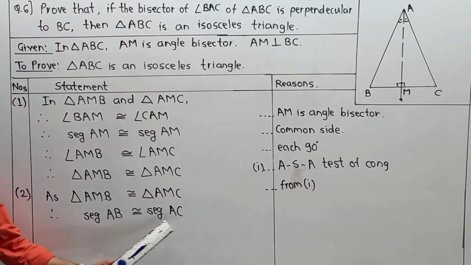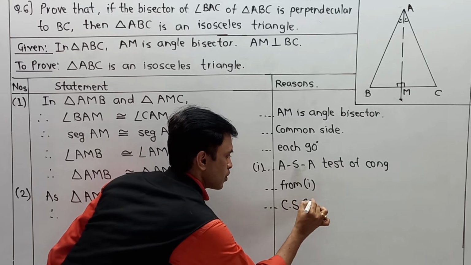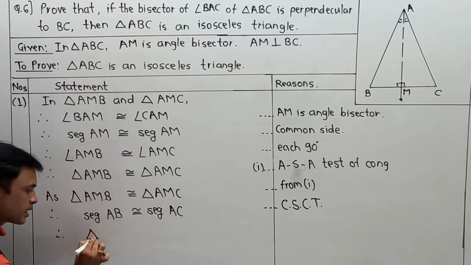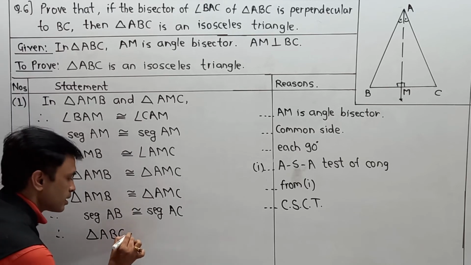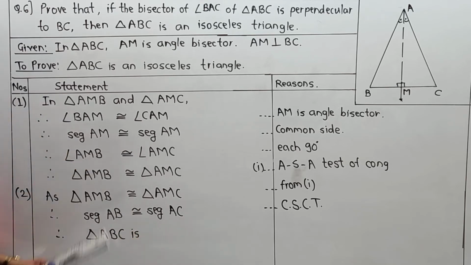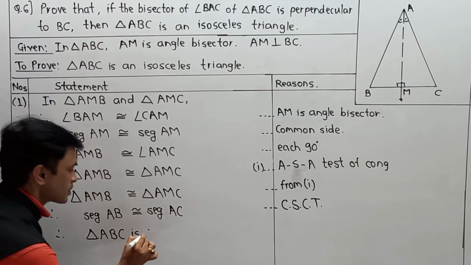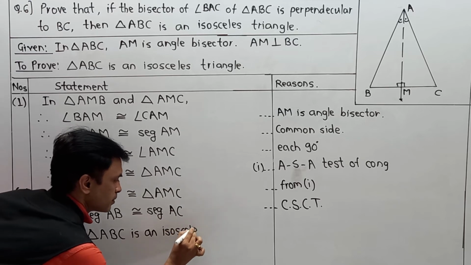Reason: corresponding sides of congruent triangles. Now, as AB equals AC, our original triangle ABC has two sides equal. Then we can say that triangle ABC is an isosceles triangle.